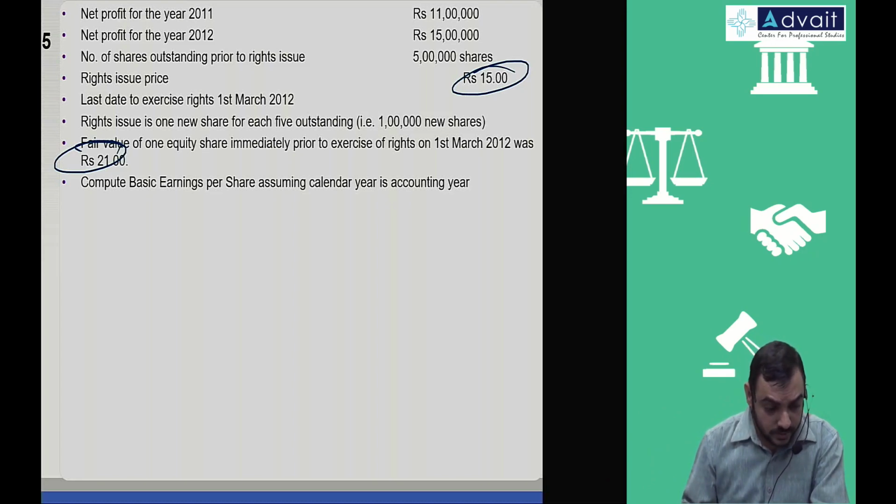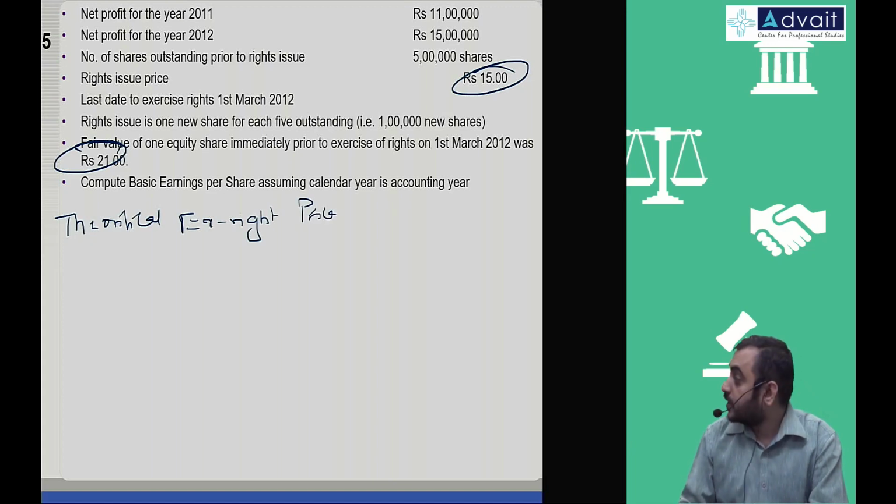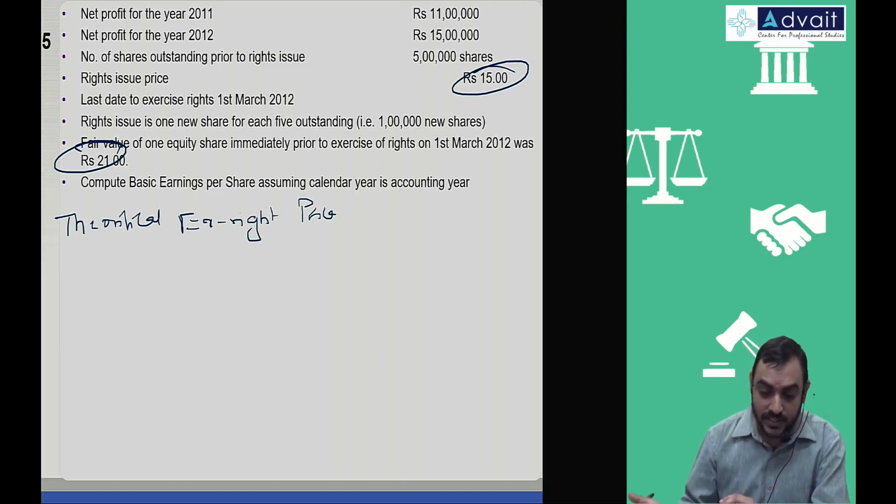It's called the theoretical ex-right price. And when you say ex-right price, please don't think about the ex of your ex. It means excluding the right. That means once the right shares are issued, what is the theoretical price?